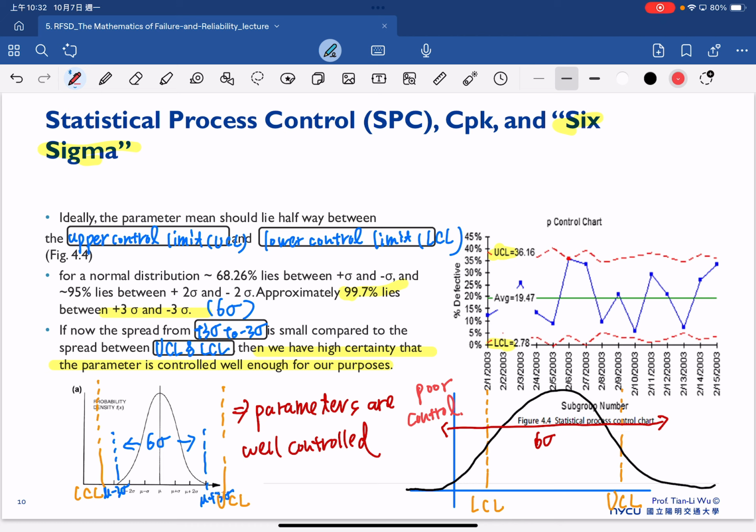So that's the purpose. We need to have this concept of statistical process control with considering the 6 sigma. In summary, we make the distribution function, analyze our parameter, and then we want to make sure the 6 sigma of a certain parameter is in the range between the UCL and LCL.